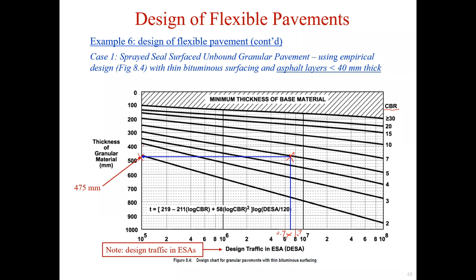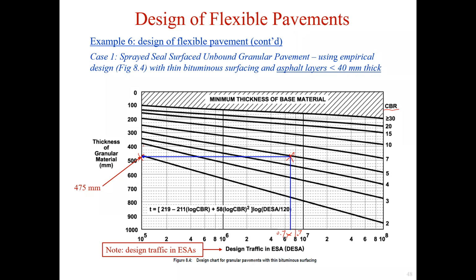So that gives the cover requirements over the subgrade to inhibit it deforming and resulting in surface deformation to an acceptable level. So that controls the amount of deformation in the subgrade by providing that amount of cover.